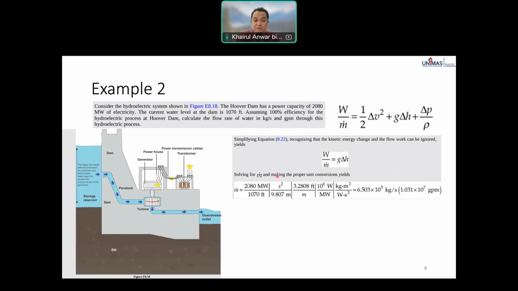So solving for M and making the proper unit conversion yields how much? 6.503 times 10 to the power 5 kg per second, or 1.031 times 10 to the 7 GPM.